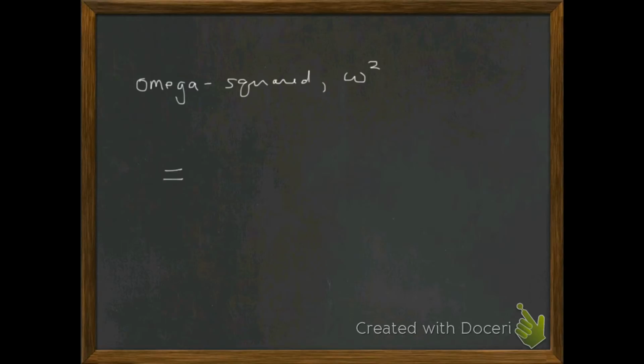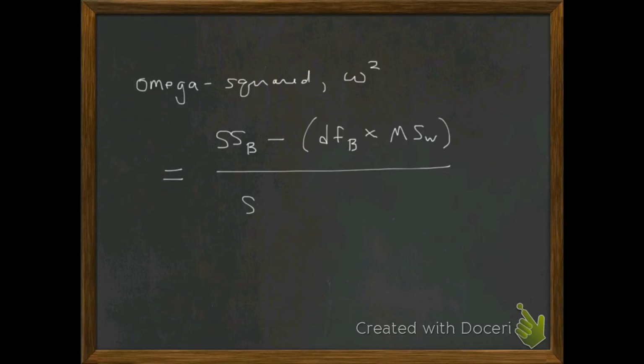The way this is calculated is we take the sum of squares for the between term minus the degrees of freedom for the between times the mean square for the within, divided by the sum of squares total plus the mean square for within.